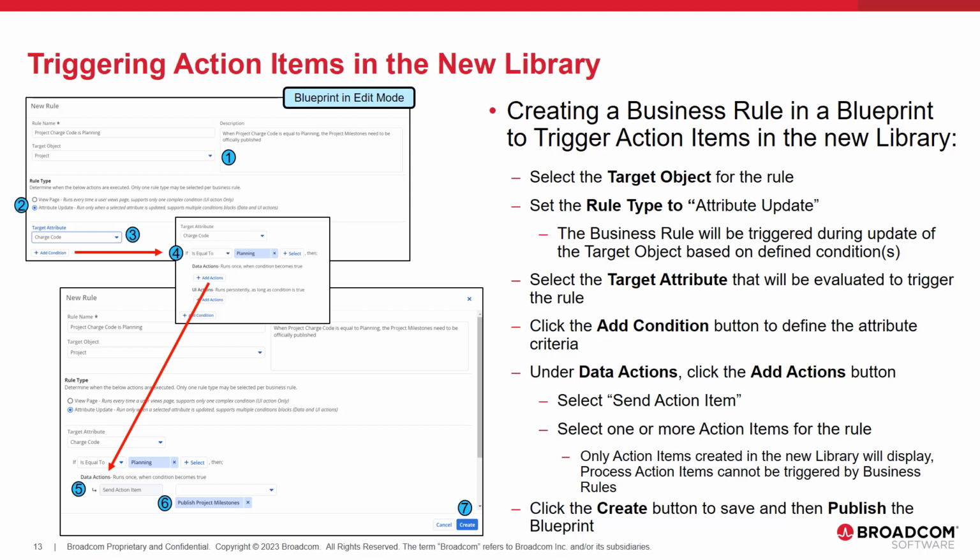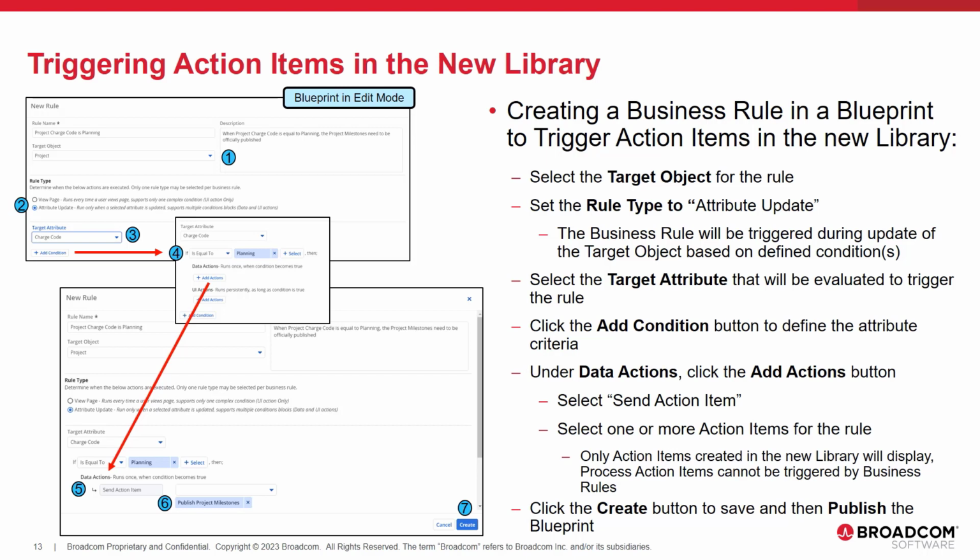For the role type, make sure you select Attribute Update. Then you'll select a target attribute on which you'll base your condition, and click the Add Condition button to begin building your condition.